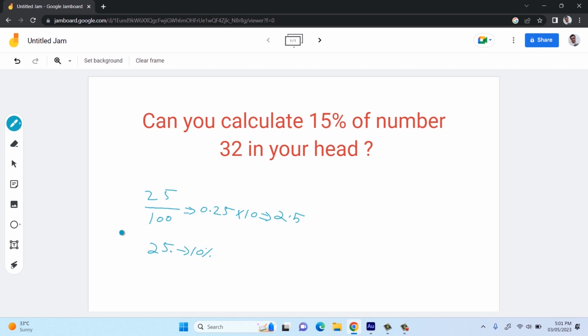So if you want to calculate 10% of any number, what we can do is we can just move this decimal over here in the middle. So it will become 2.5. And this is the universal formula to calculate 10% of any number. And let me just clear the board and let's just see the other numbers as well.